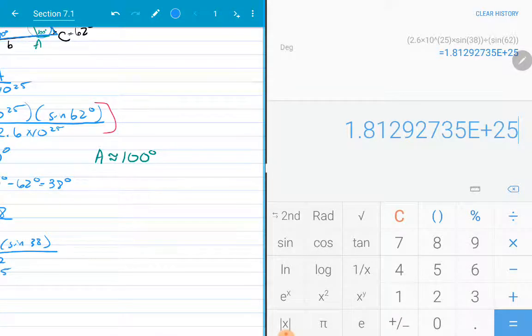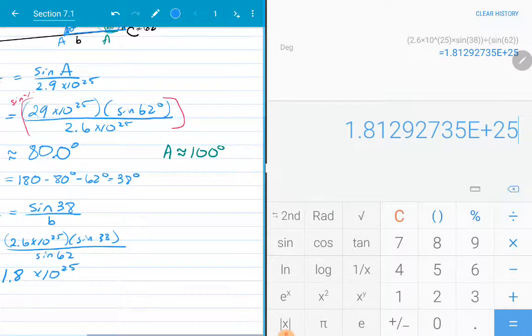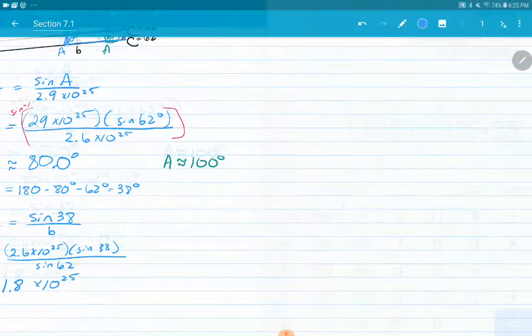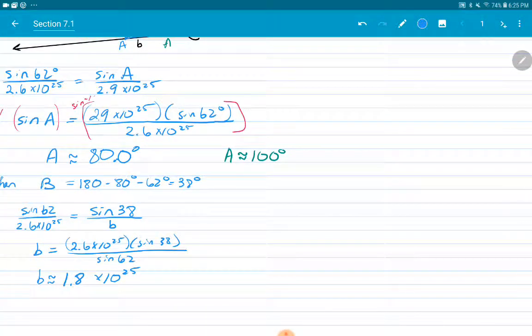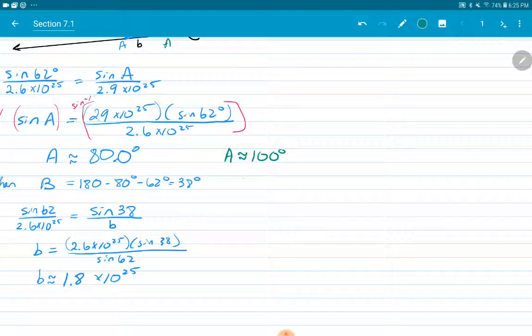What if the angle A was actually 100 degrees? Then I end up with B equal to 180 minus the angle A, minus angle C, which gives me 18 degrees, right?